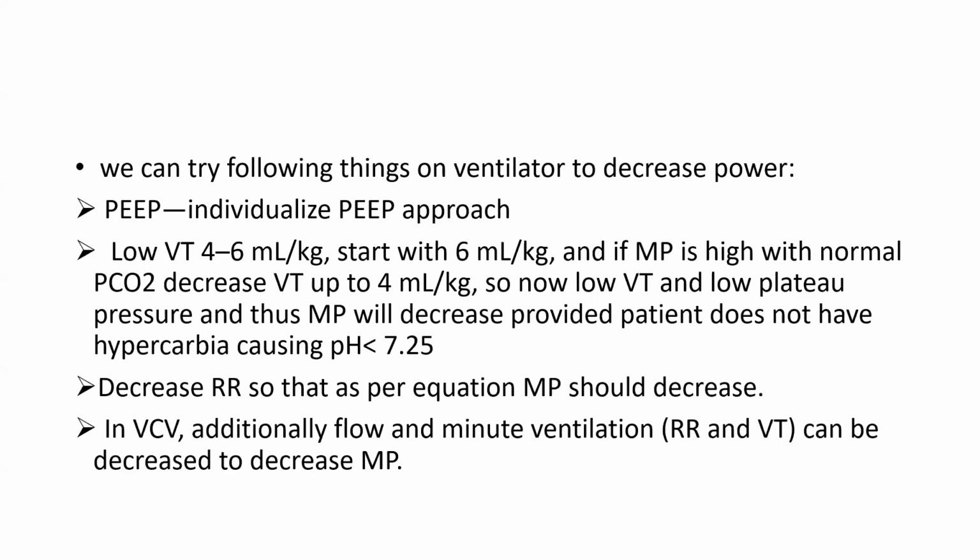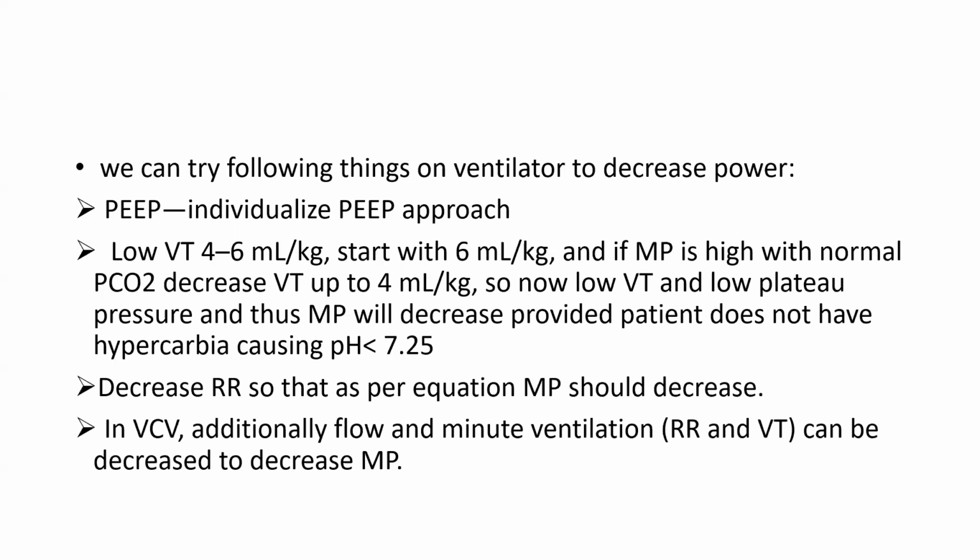So we can try the following things on the ventilator to decrease mechanical power. One is an individualized PEEP approach, then low tidal volume, that is 4 to 6 ml per kg. Start with 6 ml per kg. If mechanical power is high with normal PCO2, decrease the tidal volume up to 4 ml per kg.